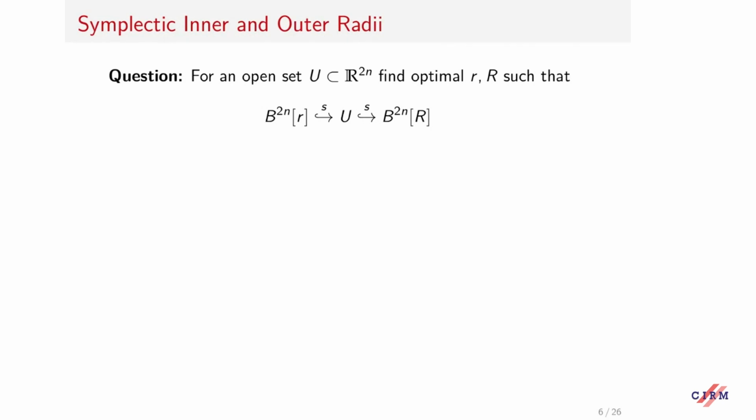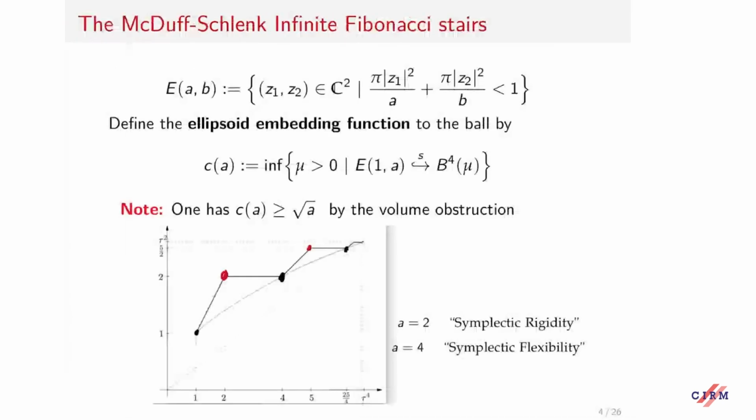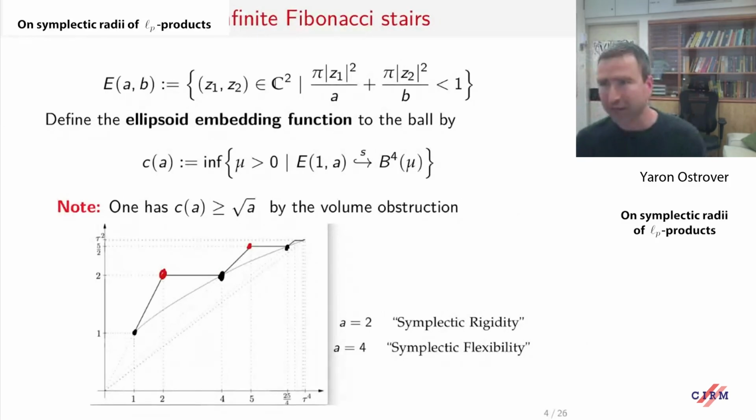Now, I should say, going back for a second to the previous example, McDuff mentioned in her talk that in higher dimension, we already don't know how to completely analyze the embedding of ellipsoids. In dimension 4, we have certain tools that one can use to answer these types of questions.